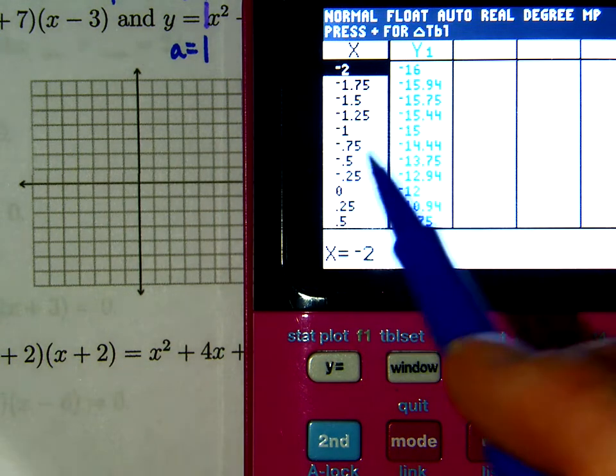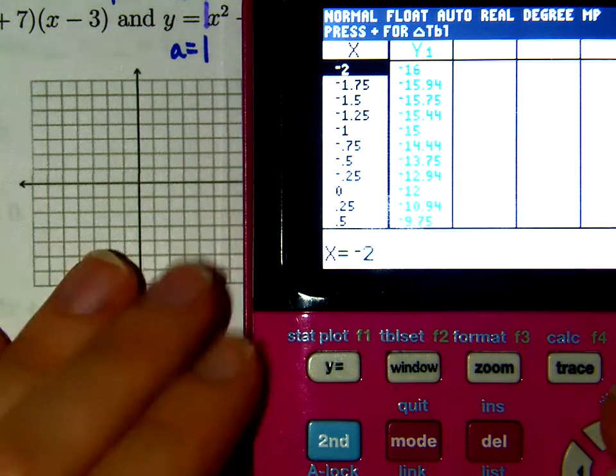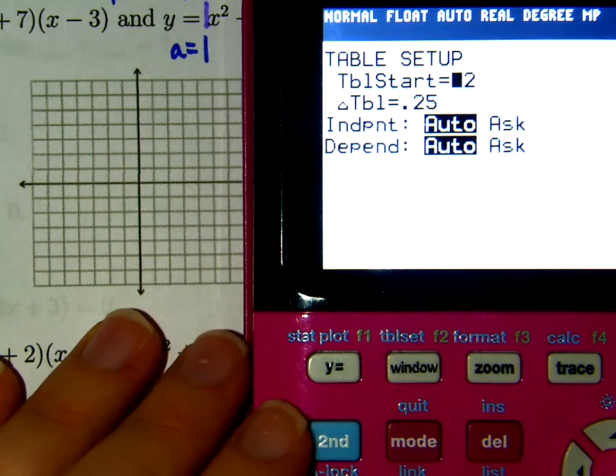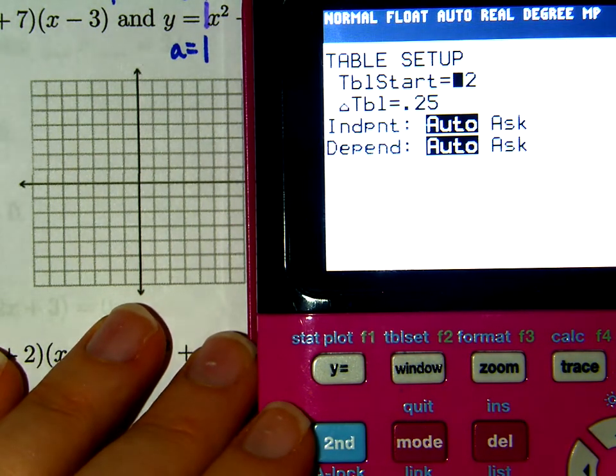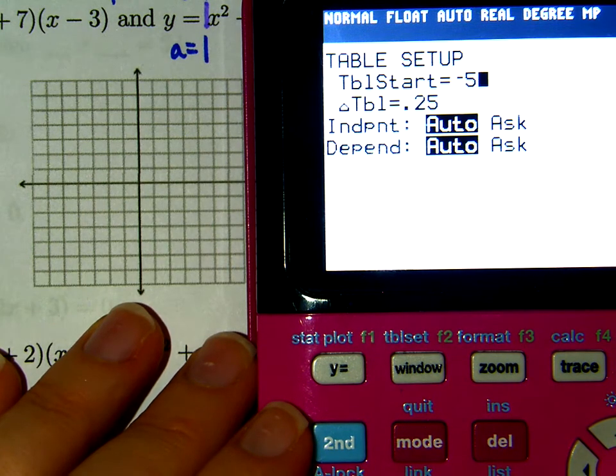Like, we don't need to count by quarters in this one, I don't think. So let's go to second table set. No, we don't want it to start at -2 because that's actually the vertex. So let's start it at -5 perhaps. Count by ones.